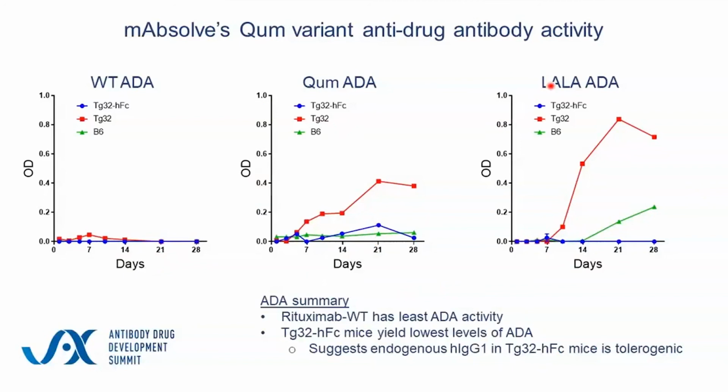And the LALA variant yielded that same ADA activity in both the TG32 and the black 6 mouse. And it's of interest that the TG32 HFC mouse yielded very little or no ADA activity, likely due to it being tolerized to human IgG.